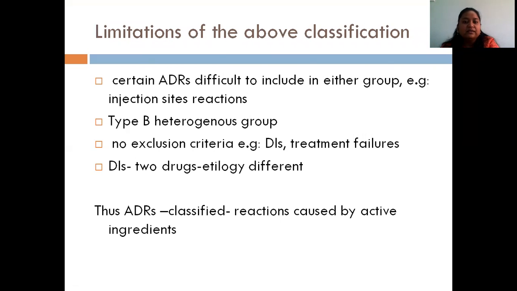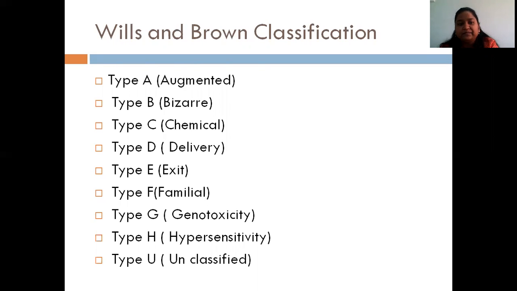So they are not included in the bizarre reactions, and are written as excluded criteria of type B reactions. Thus ADRs are classified on reactions caused by the active ingredients. That's why they are divided into two parts, type A and type B.